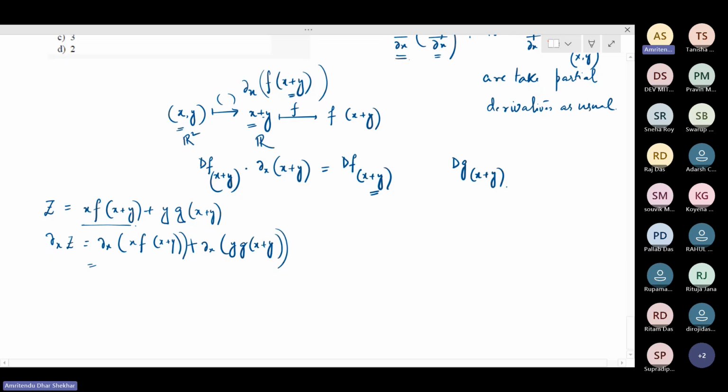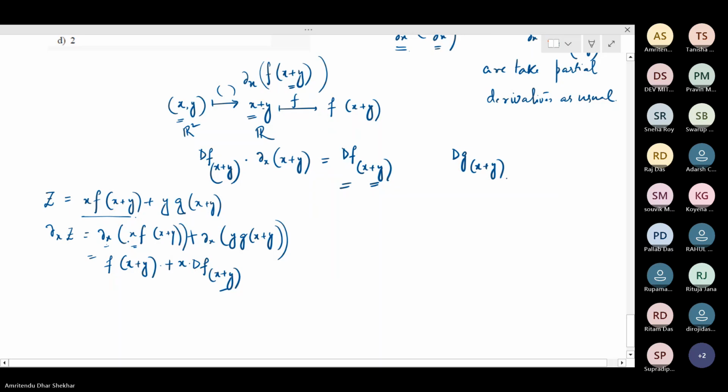According to the Leibniz rule, I first differentiate this term, which is 1. So this is equal to f of x plus y plus x times the partial derivative of f of x plus y, which we just computed. That is just equal to d of f at the point x plus y.